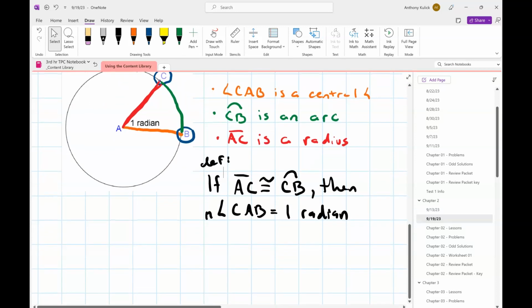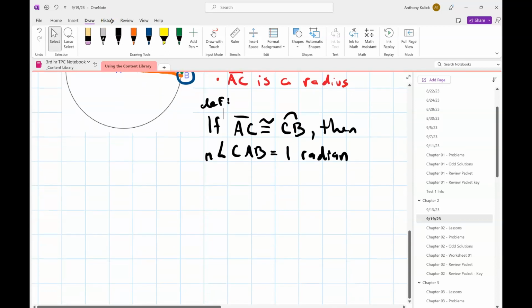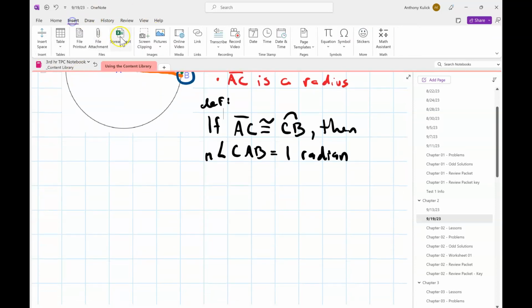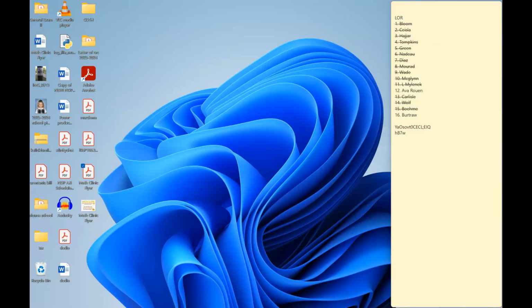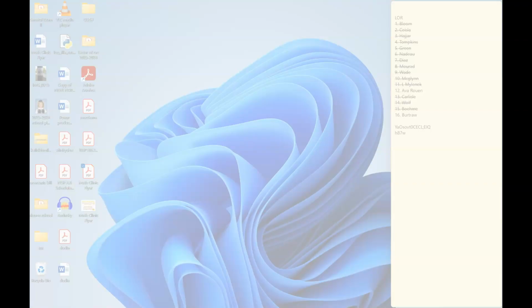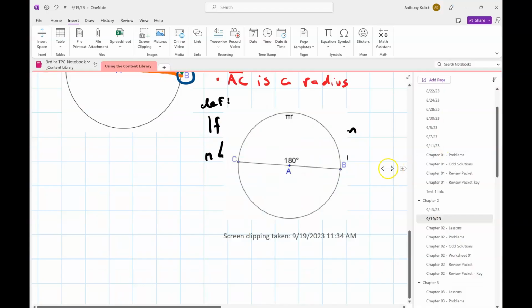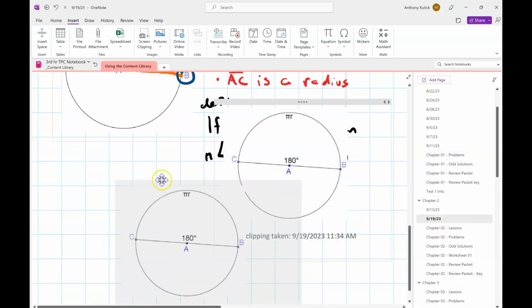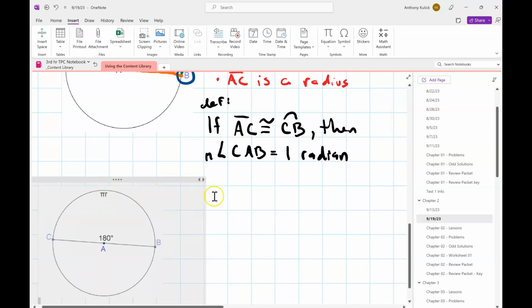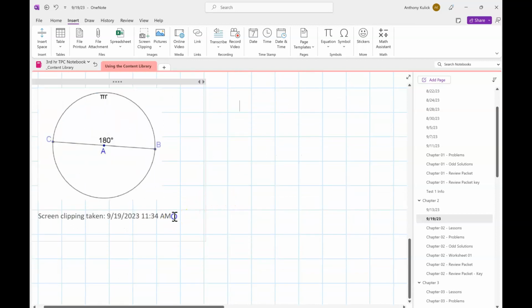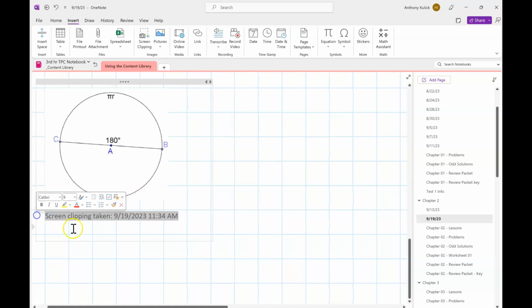Sure, Mr. Kulik, sure. Okay. So let's look at a situation here. Oops, that's not where that was supposed to land. So let's say we have a situation like this.